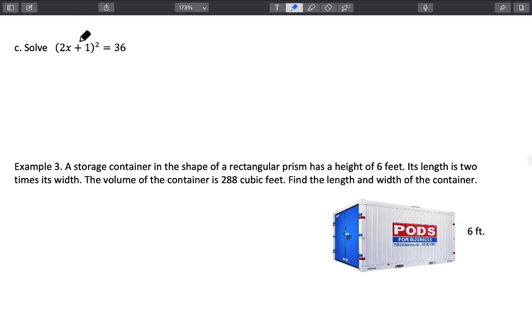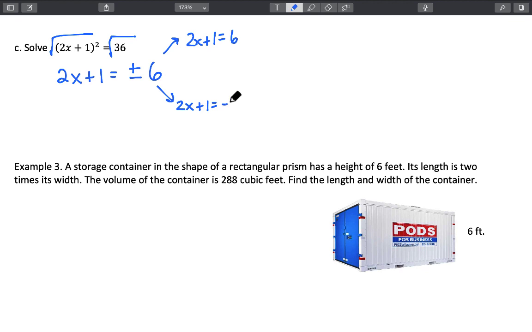We've got 2x plus 1 in parentheses squared is equal to 36. So again, the term here that's being squared is isolated, so we're going to get rid of that square right away by taking the square root. That gives us 2x plus 1 equals the positive and negative square root of 36, which is 6. So from here, I want to write two equations: 2x plus 1 equals positive 6, and 2x plus 1 equals negative 6.